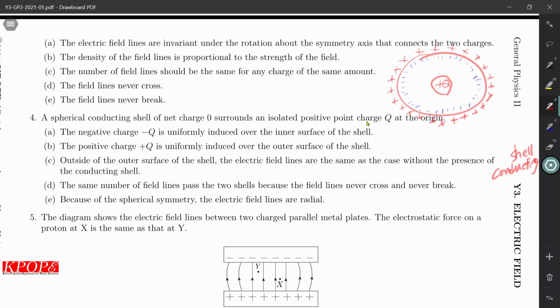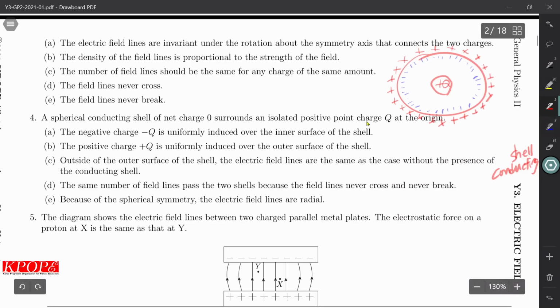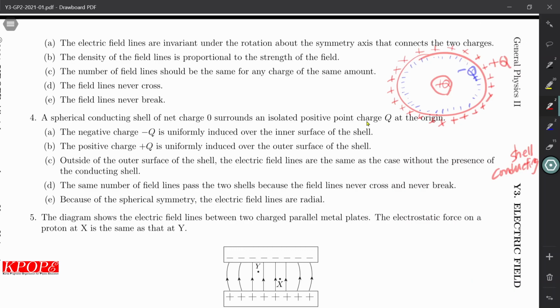The amount of induced charge is the same, except for the sign. So the amount of charge just inside the shell is minus Q, and the amount of charge just outside the shell should be plus Q to make the sum 0.